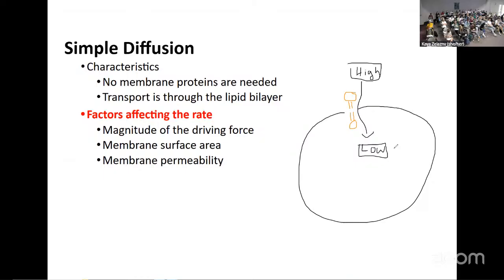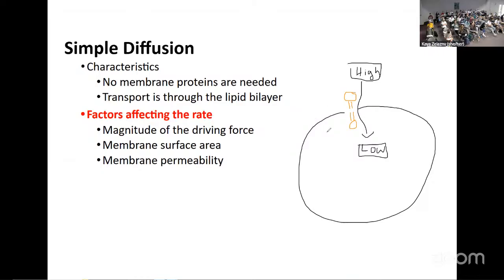Okay. And we also have membrane surface area. So when we have more membrane per volume inside, that is going to make this happen faster, because this has to happen through a passive process. So no energy. So we have to have molecules actually bump into this membrane on the outside. So high surface area is really good for having that happen by kind of random chance.